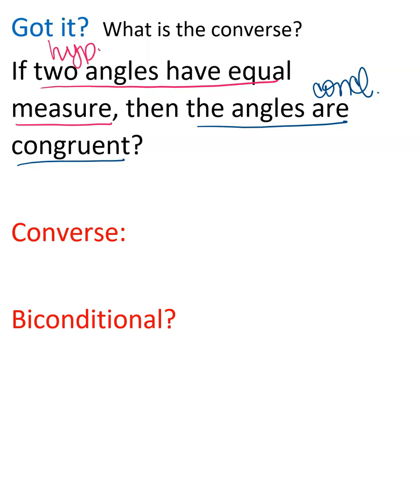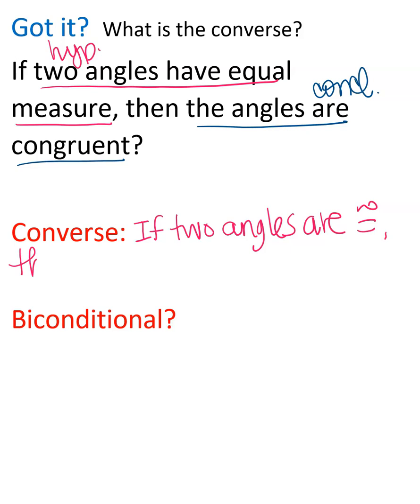So the converse, we're going to switch the two parts. If two angles are congruent, so you have to be specific, and I'm going to use the symbol here. Then they have equal measure.